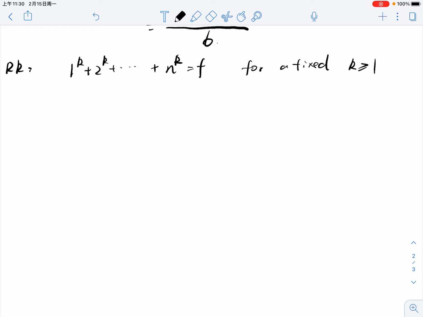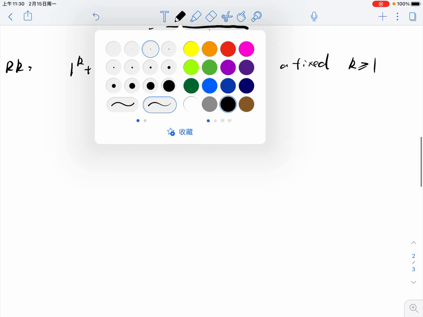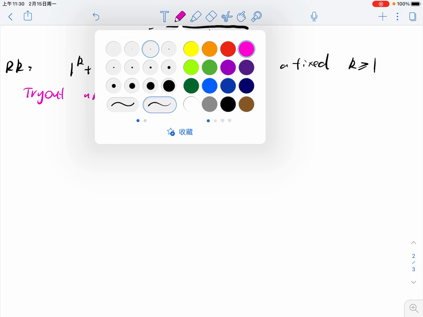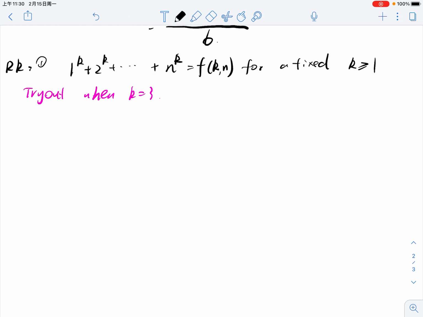This will be a formula dependent on k and n. By induction you can derive the formula, but probably it's not that easy. I suggest you try it out when k is 3 to get familiar with this method.